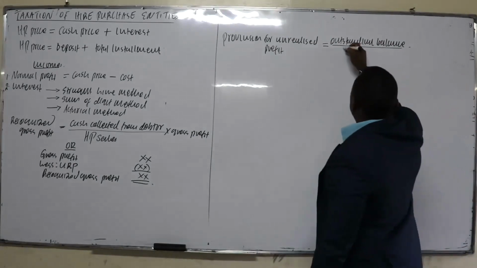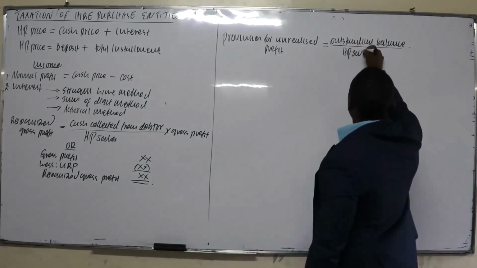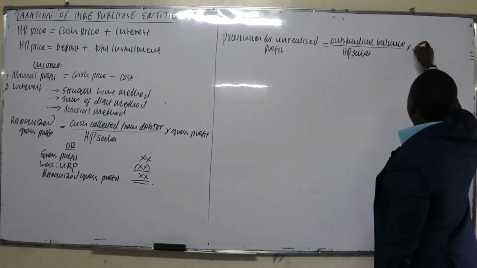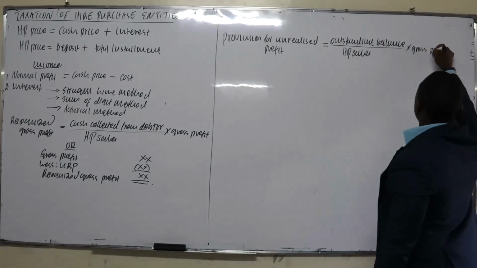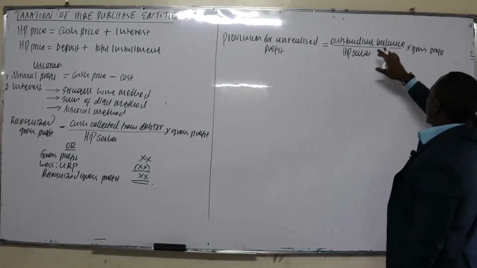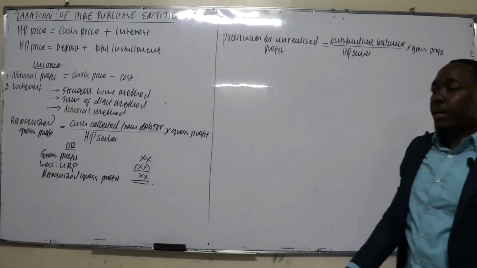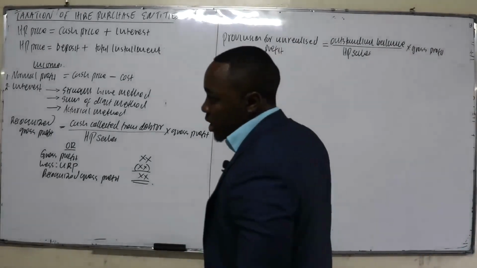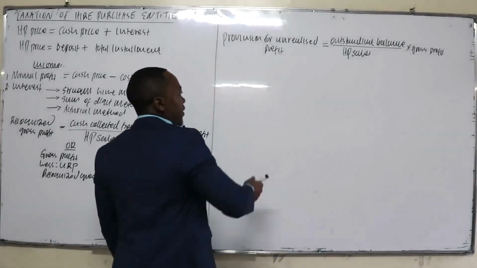Then you divide by the hire purchase sales, and then you multiply by the gross profit. So that means for you to get the outstanding amount or outstanding balance, you must prepare some key accounts. And which are those major accounts prepared?